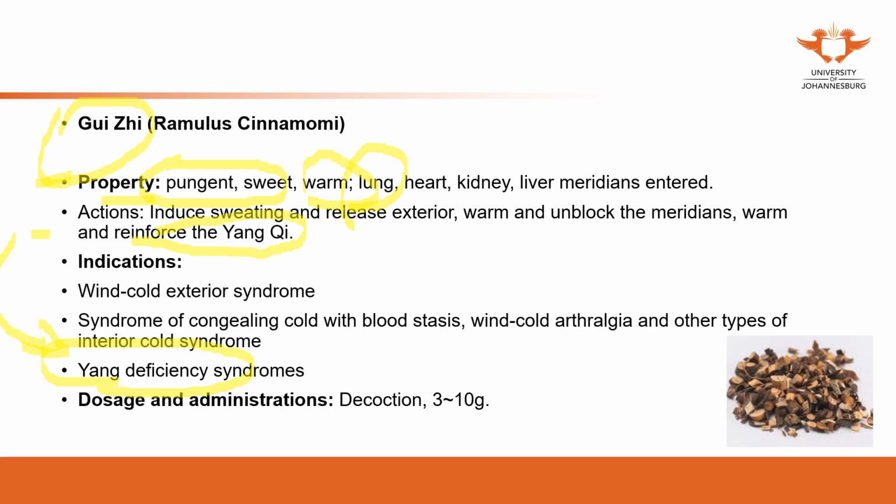Because it is warm, it can be used for wind-cold attack. It goes to the lung meridian, so it can be used sometimes for lung-related symptoms. It also enters the kidney and liver.